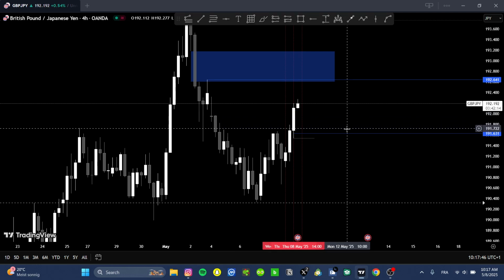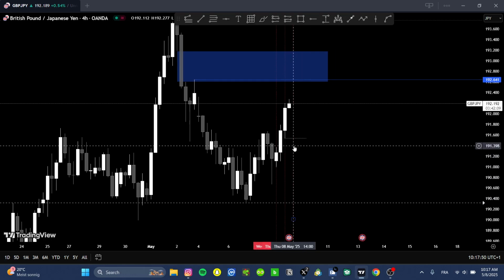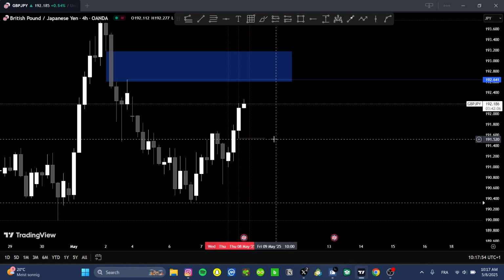In the Asian session, we just continued going higher without any retracement. So what I will be looking for is a retracement back into some liquidity level, or some sort of confluence level, like an order block or a discounted price zone with equilibrium or anything like that.